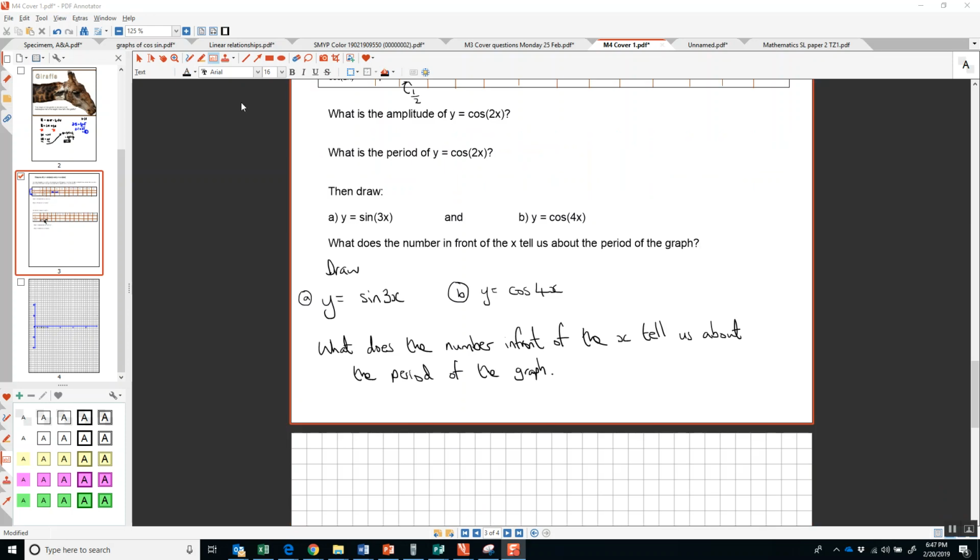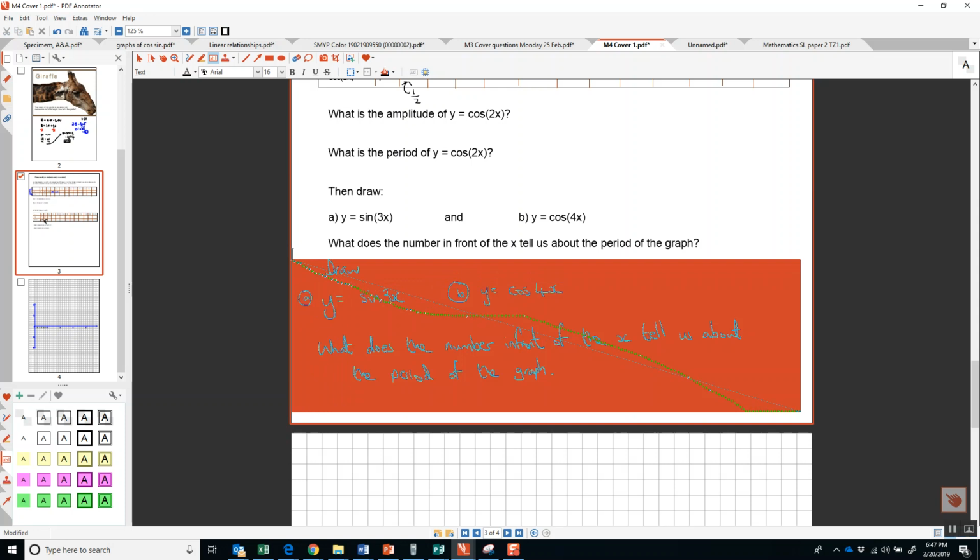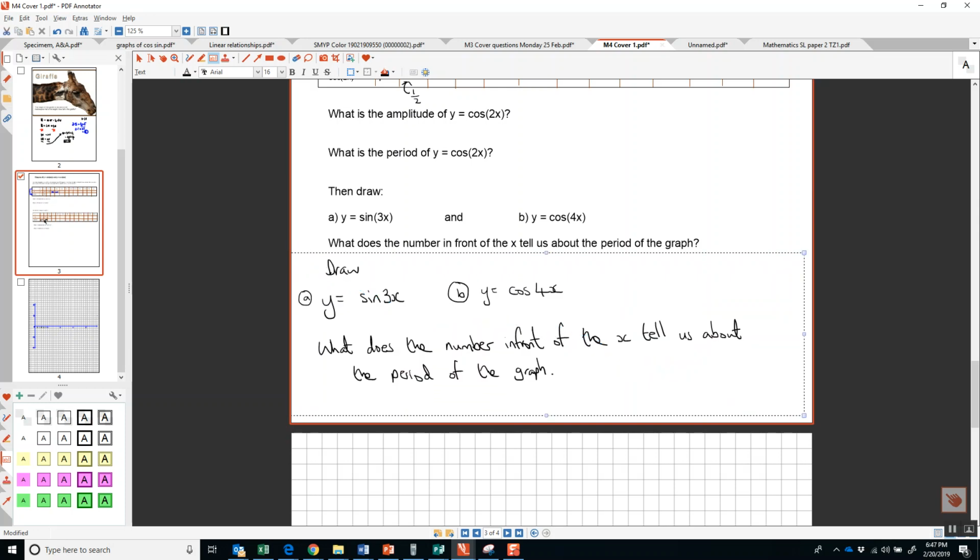Okay, so I've just typed that up there to make it a bit neater so you can see it. I'll just get rid of this bit. Don't need that anymore.